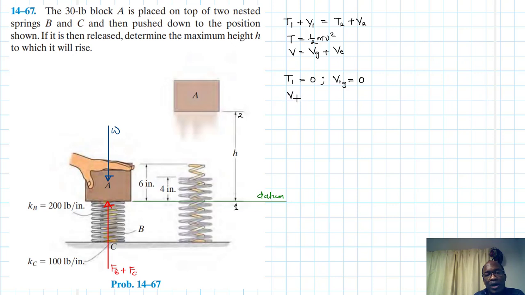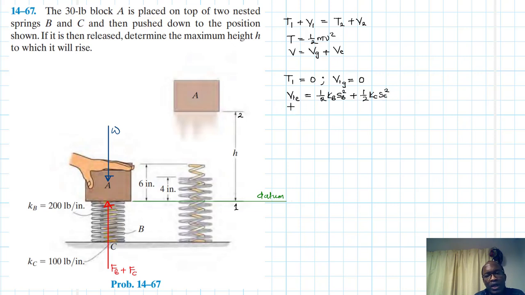And then V1E, which is the elastic, we do have half KB SB squared plus half KC SC squared.